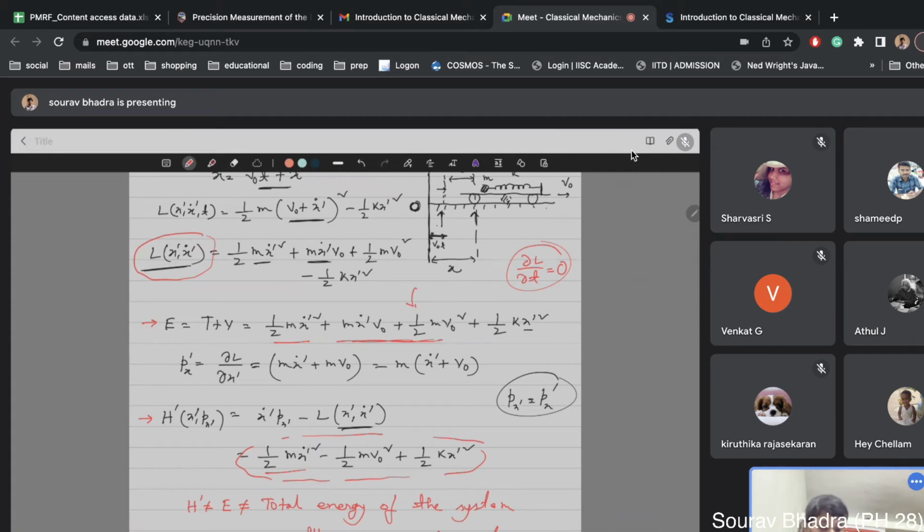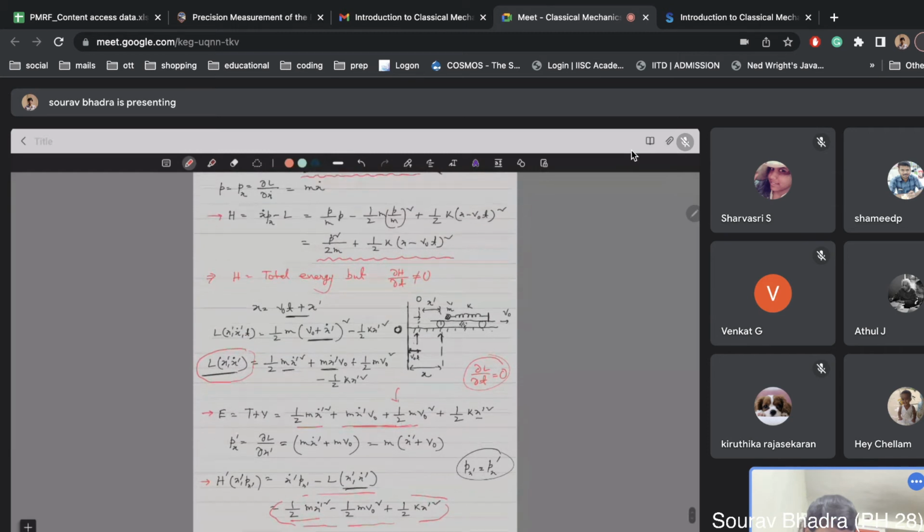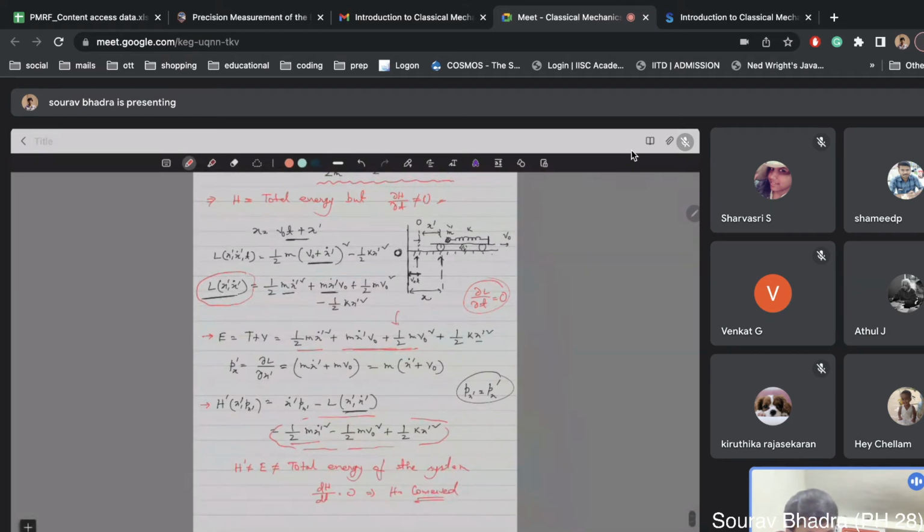Just concentrate on these two cases: in the x coordinate, the Hamiltonian H was the total energy, but it was not conserved. But in this x dash coordinate, H is not the total energy, but it is a conserved quantity.